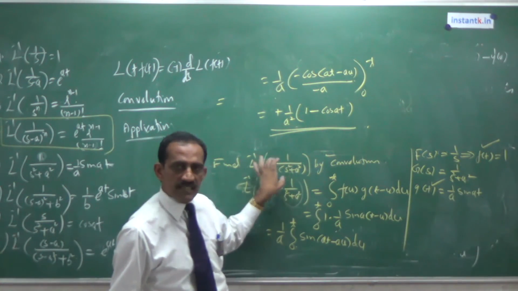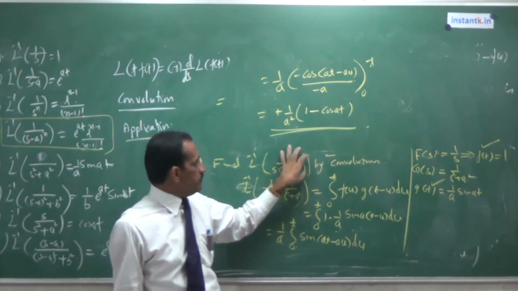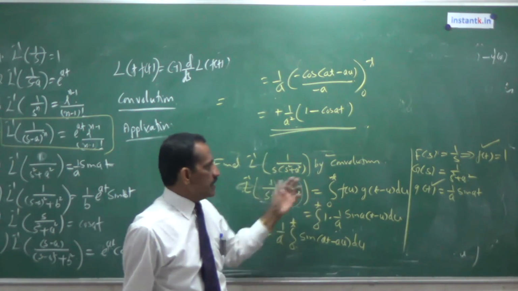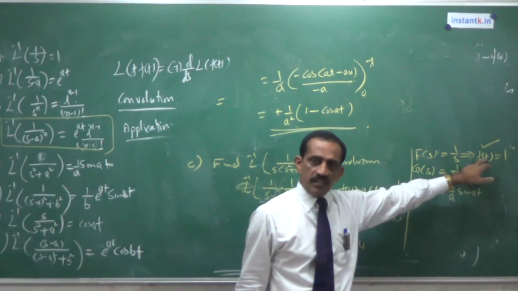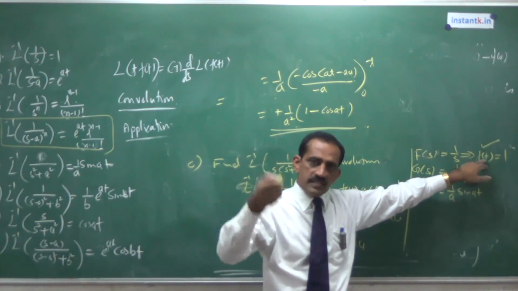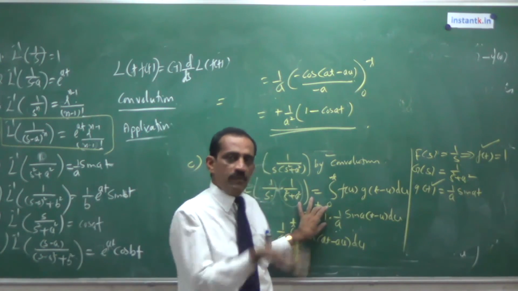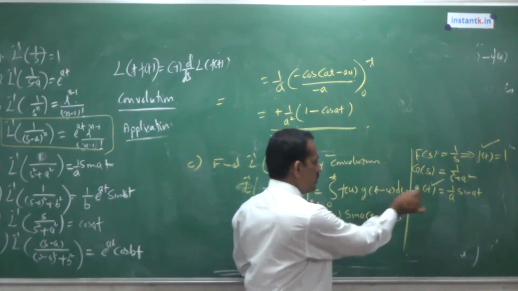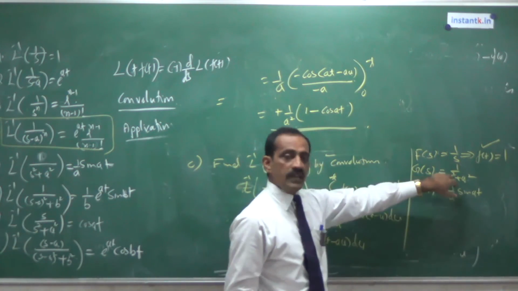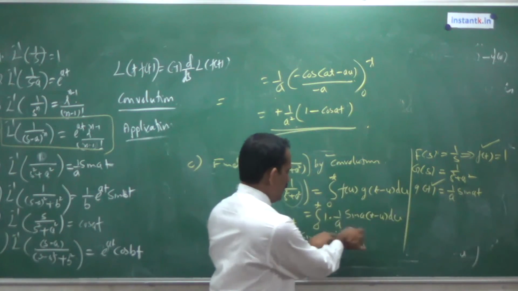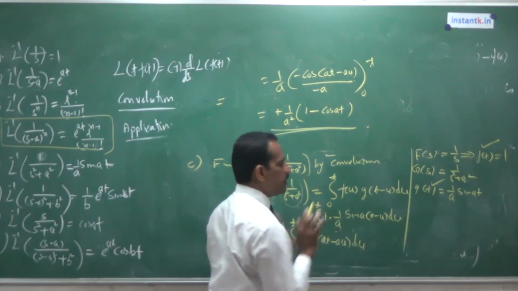Write the given function as f of s into g of s. It may be anything. Write the L inverse of the first one, let it be f of t. In small f of t, replace t by u. That gives f of u. In this case, it is 1, but it need not be 1. It may be anything. Then the next one, g of t, is the L inverse of capital G of s. There, replace t by t minus u. See, another function. This one you have to integrate.